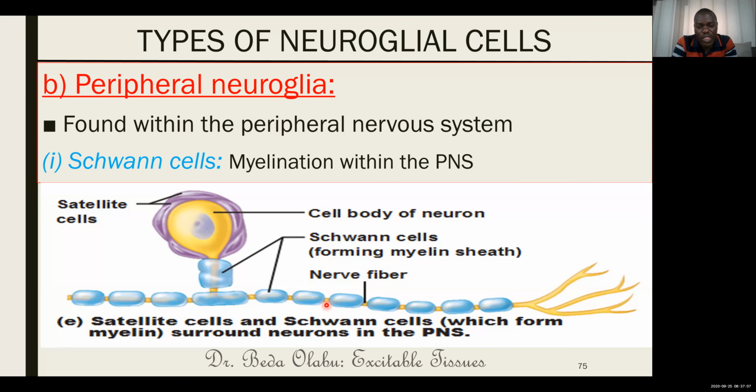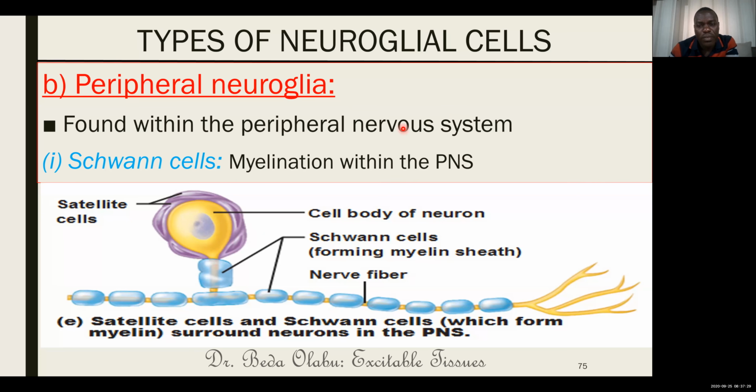They're lipoproteins. The proteins within the myelin are different for central and peripheral myelination. The proteins are different. I'll just leave it to that instead of giving you the names of the proteins.